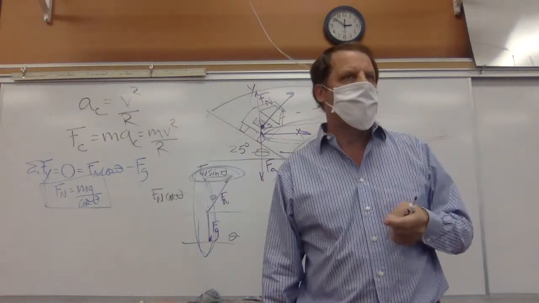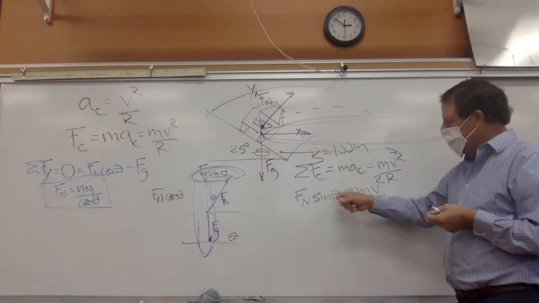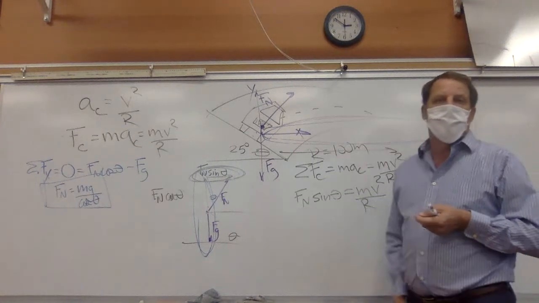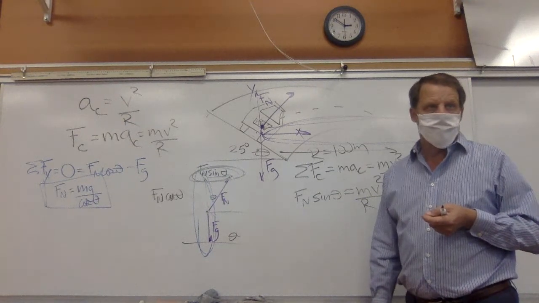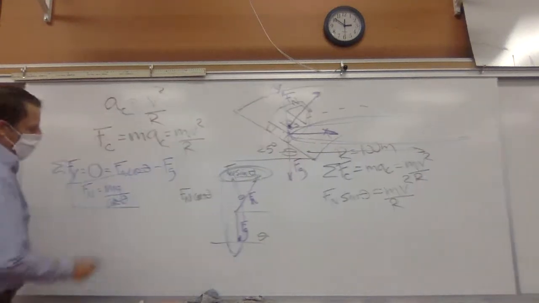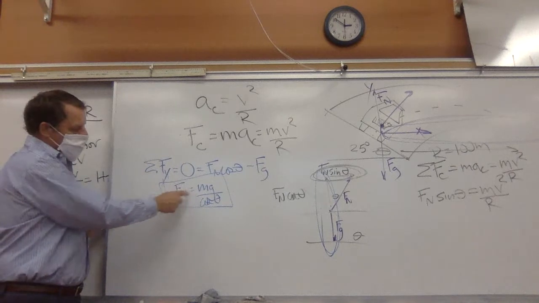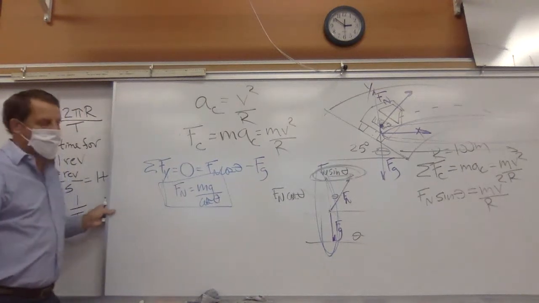So I want this. I know radius, I know theta, but I don't know my normal force. And that is where we're going to go back to this one, and now we're going to substitute force normal is going to be mg over cosine theta.